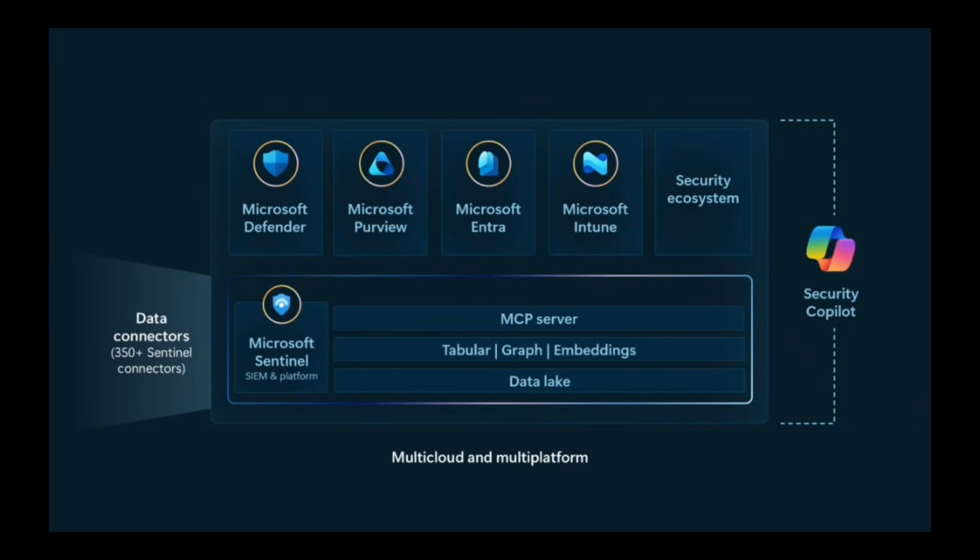And what happens when an incident does happen? Well, we have automatic attack disruption that will dynamically contain the compromised assets, stopping the attacker and minimizing the blast radius. And that's all powered by Graph. And Security Copilot is also here every step of the way, helping you reclaim hours by accelerating detection and response.